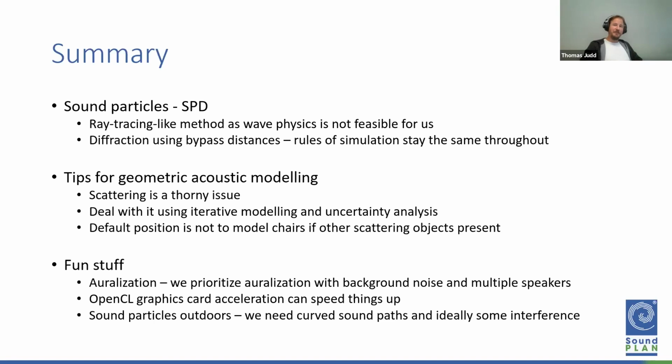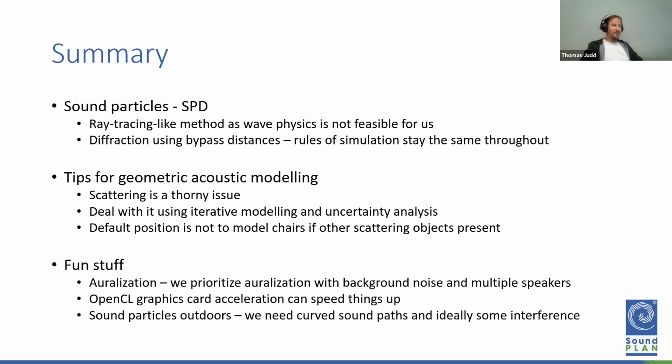My default answer is no. There may be certain situations where you have to, so don't rule it out, but just check your equivalent absorption areas before you go putting the chairs in, because I've done it in various situations, and typically you can often model an audience area with just a flat scattering, absorbing surface, which is tailored to the properties you need, and that works just as well.